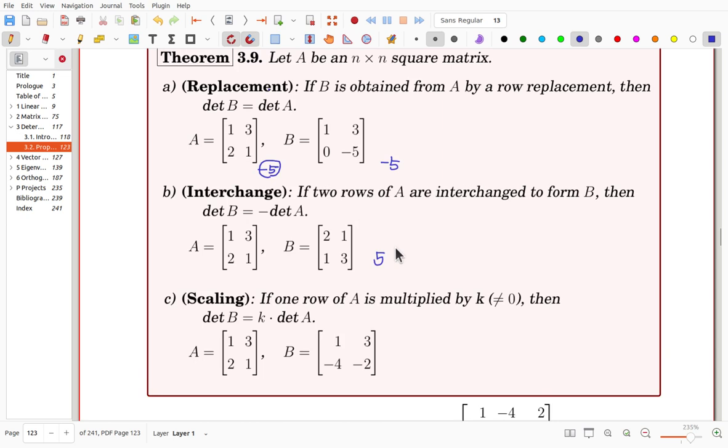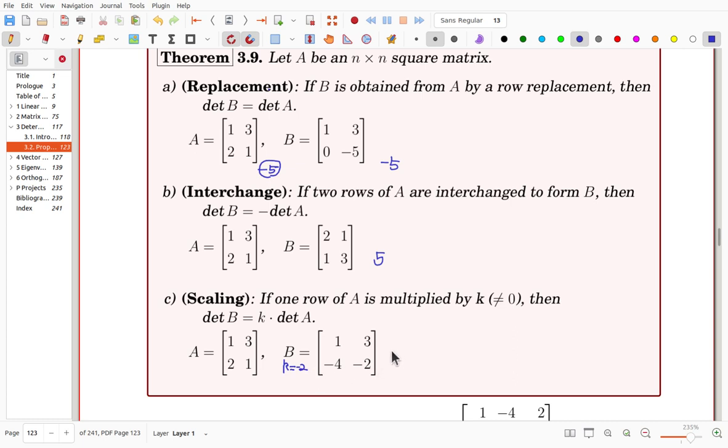How about scaling? One row of A is multiplied by k, non-zero. Then the determinant of the new matrix is k times the determinant of A. For this example, k is chosen as minus 2, so the second row is multiplied by minus 2.